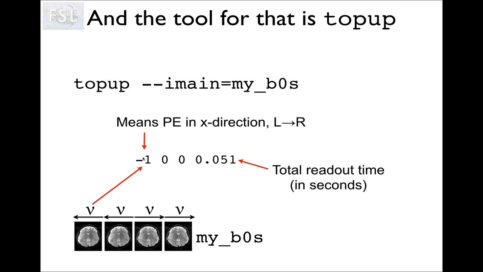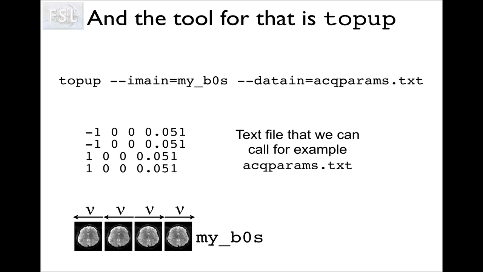The sign here tells you that it goes from right to left. And the fourth column here is the total readout time in seconds. So that is the time it takes to read out that entire slice in seconds. And we fill this file up so that we have one line for each volume that you have in your image file. And we can call it, for example, acqparams.txt.